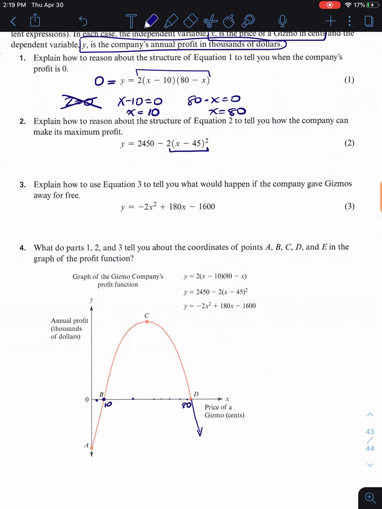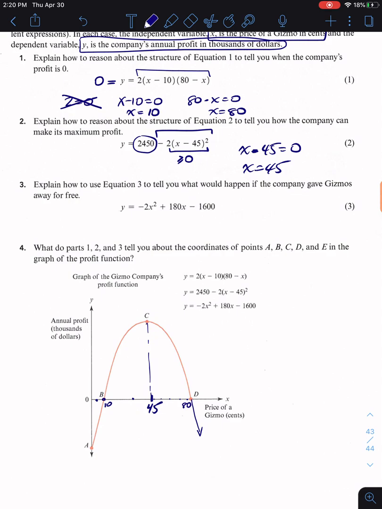But if we have some kind of number minus something, then the less we're subtracting, the better, right? The less we subtract from 2450, the better. So the least we can subtract here is 0. So when is this 0? x minus 45 equals 0 when x equals 45. So actually, we can say that we're going to be subtracting the least at x equals 45.